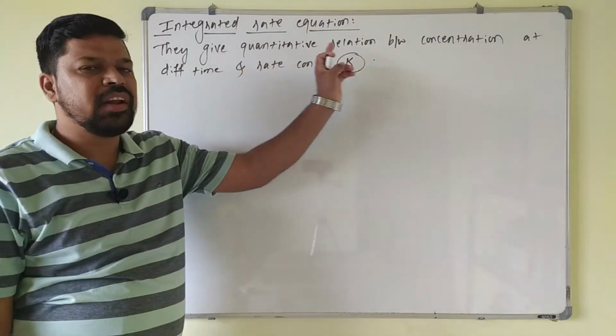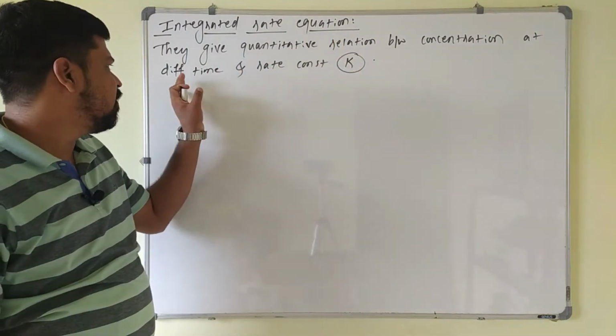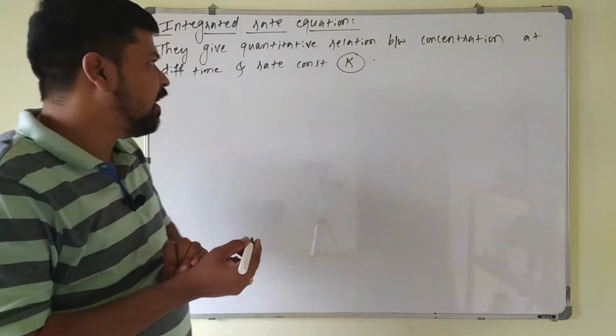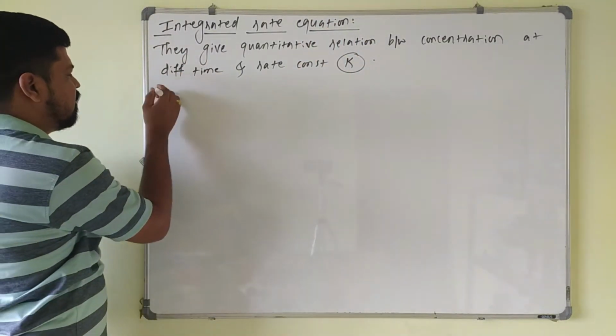So the quantitative relation between the concentration of the reactant at different times and the rate constant K will be given by what? Integrated rate equation. So for zero order reaction, first one you will write.